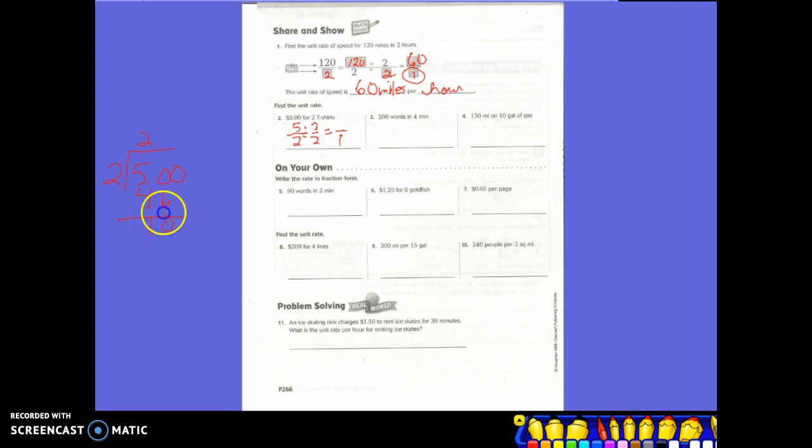We bring down our 0. We have our decimal up here. 2 goes into 10 5 times, leaves us 0. So our unit rate is $2.50 per t-shirt.